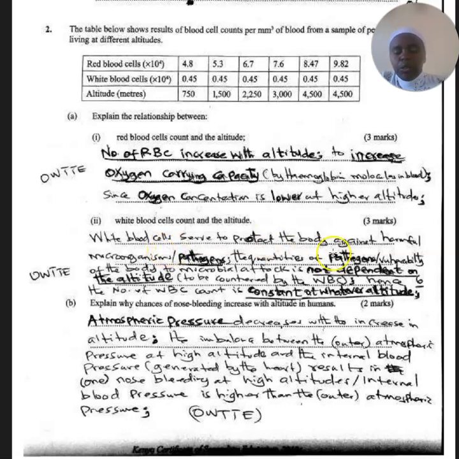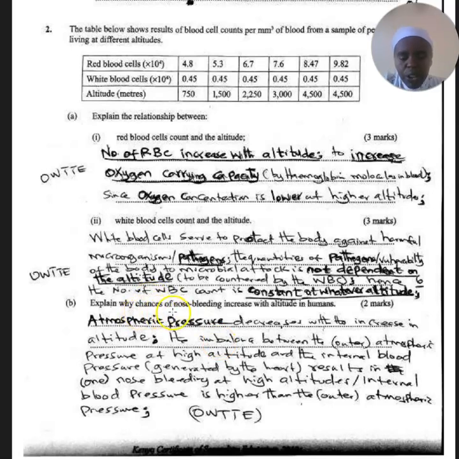The white blood cells protect the body from harmful microorganisms, so the amount of white blood cells is not dependent on the altitude. That's why you can see the white blood cell count is constant at 0.45 per millimeter cubed of blood.